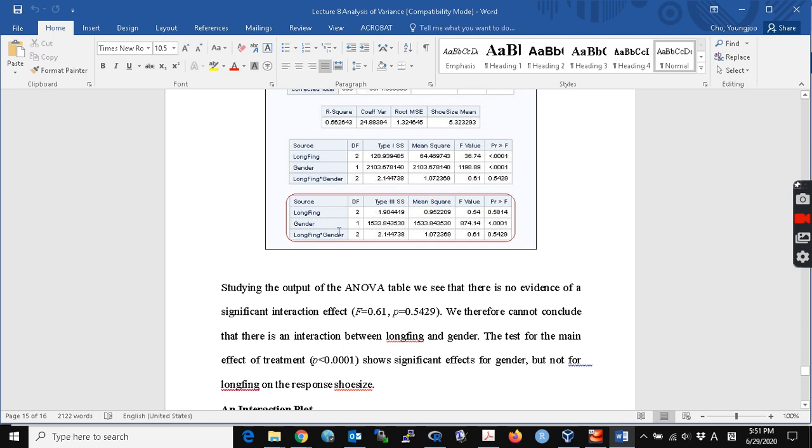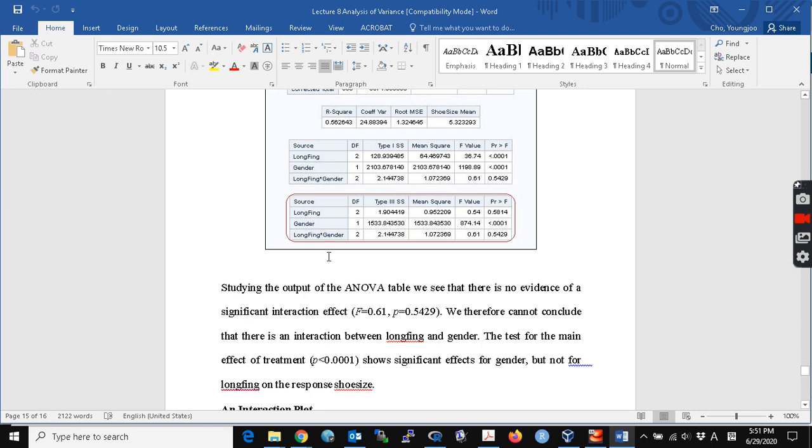And the longfin*gender interaction is computed in the presence of longfin and gender. So this sum of squares adjusts for all the effects of the other variables for each term.